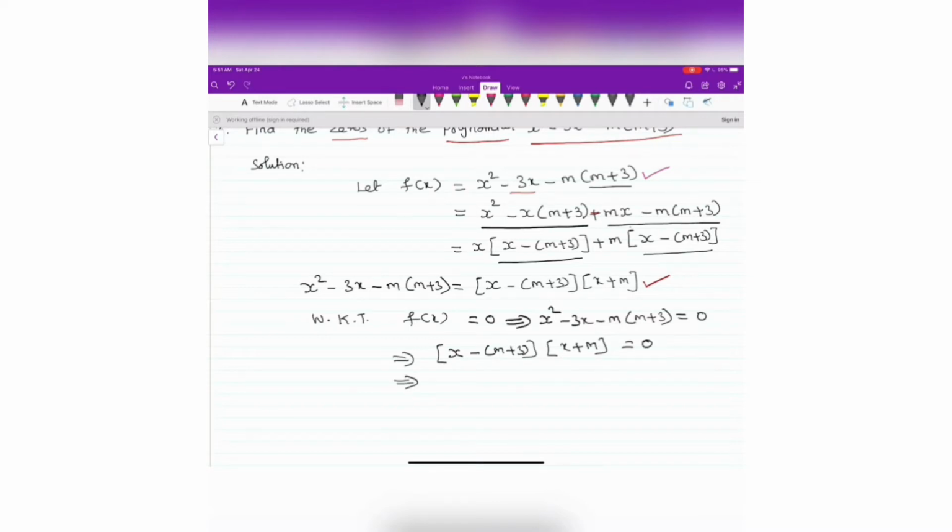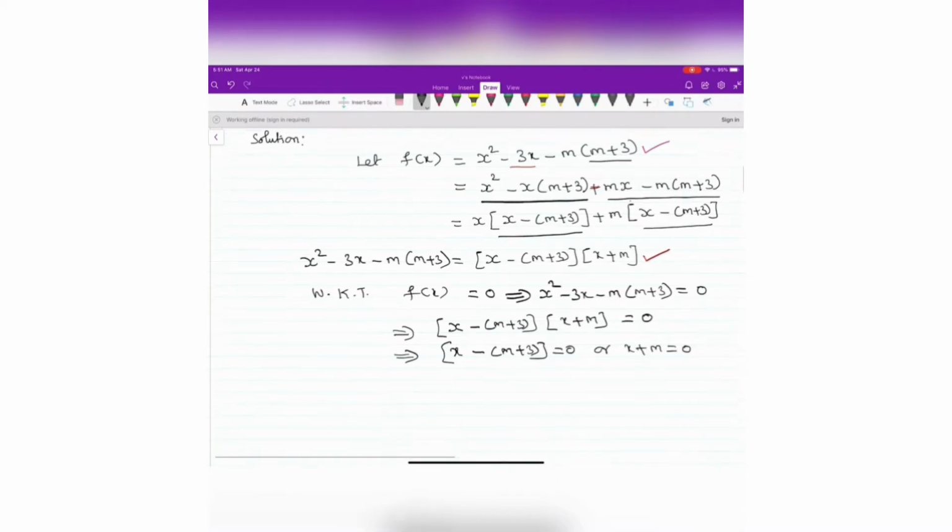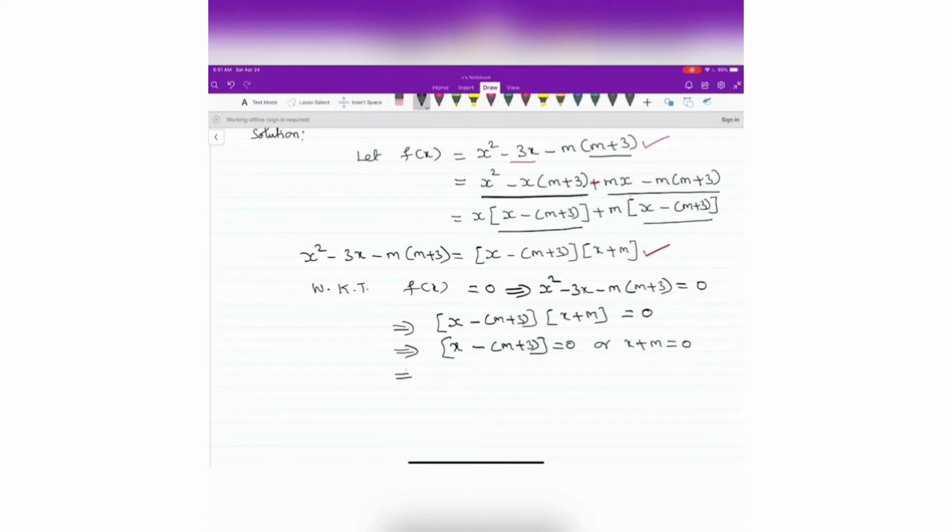This implies x minus of m plus 3 equal to 0 or x plus m equal to 0. This will give us x is equal to m plus 3 or x is equal to minus m.